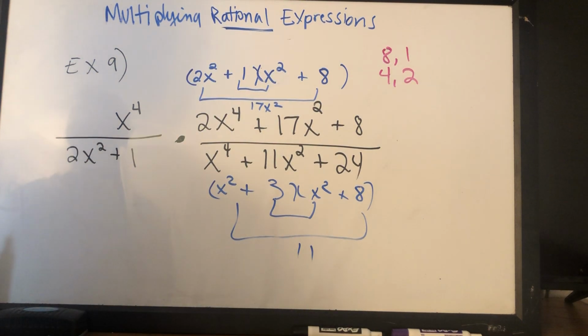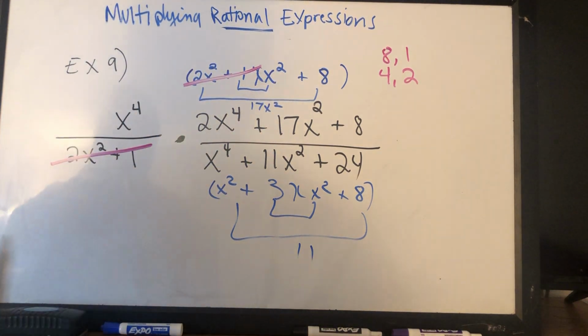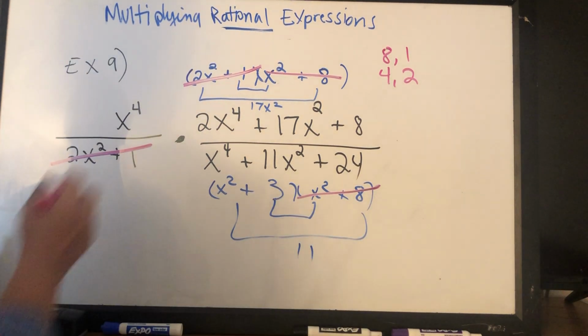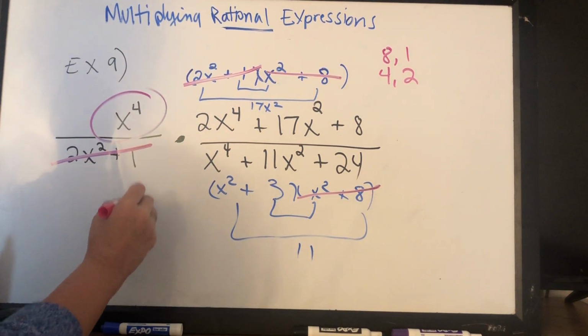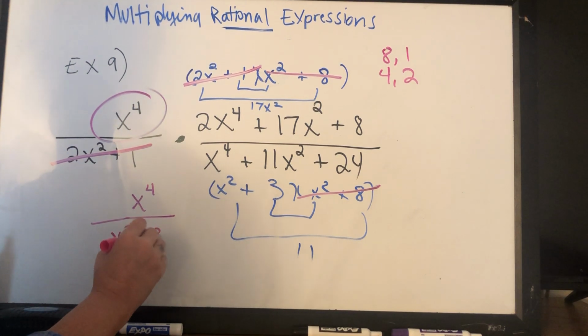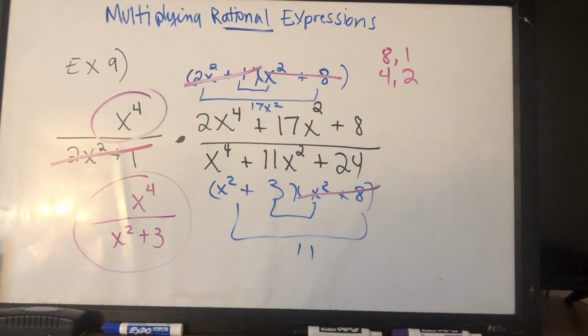Okay? So, let's see what we got here, guys. We can cancel this. And we can cancel the x squared plus 8. We've got that left up top. And that left on the bottom. Again, that is a family. You cannot separate that. That is your answer.